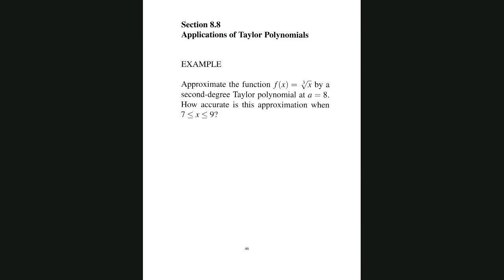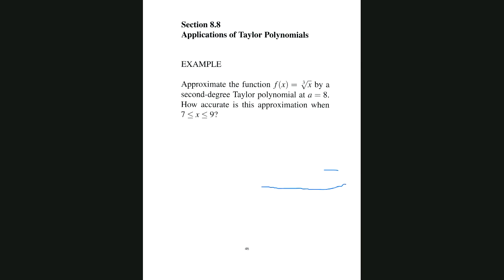Okay, so now we want to approximate the cube root of x by a second degree Taylor polynomial at a equals 8. And then we're asking a question that we haven't asked before: how accurate is this approximation?